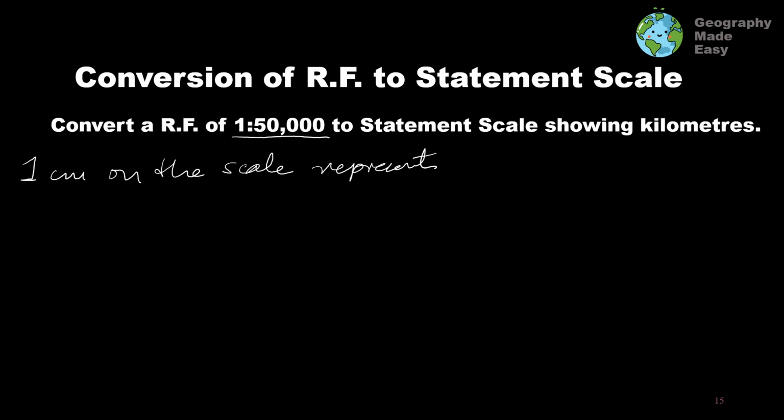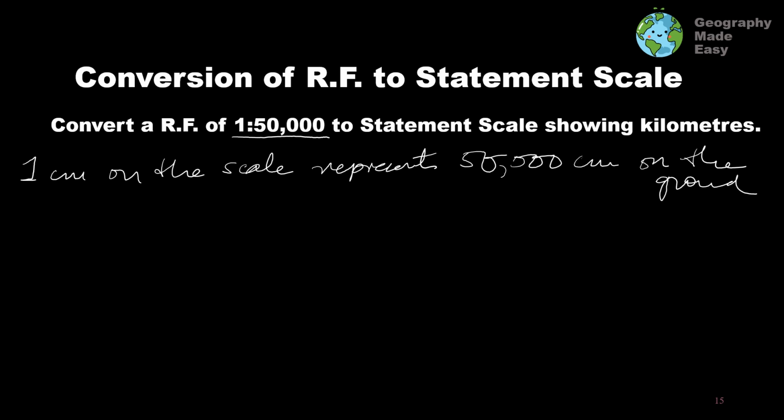So 1 centimeter on the scale represents 50,000 centimeters on the ground. So exactly when we were converting into RF, we were making both the sides have the same unit. Here also, I can put centimeter on both the sides. If it was an inch-mile scale I would have been using inch in this case, but it is written centimeter, so I will use the centimeter-kilometer scale which go together.